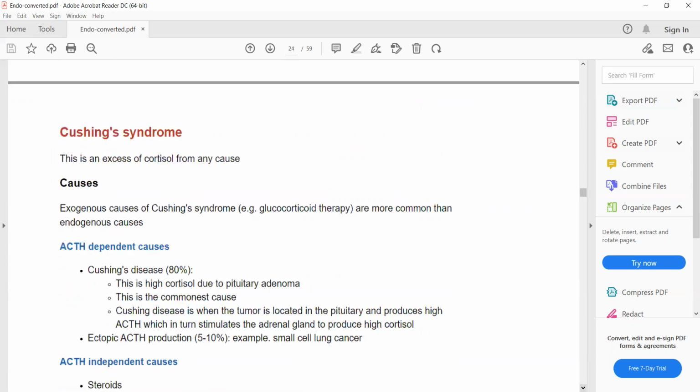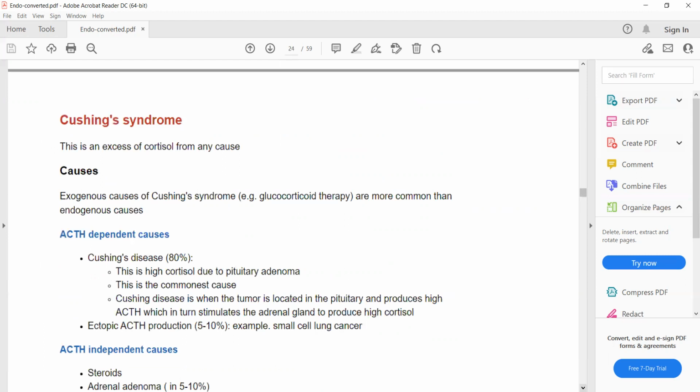If there is any question, then you can ask. Otherwise, we'll start the next topic, which is Cushing syndrome or the abnormalities of adrenal glands. So, no questions. Okay.